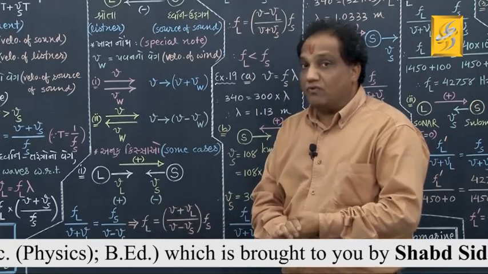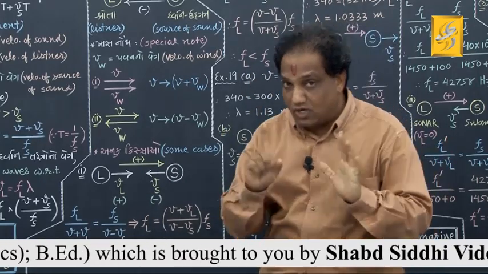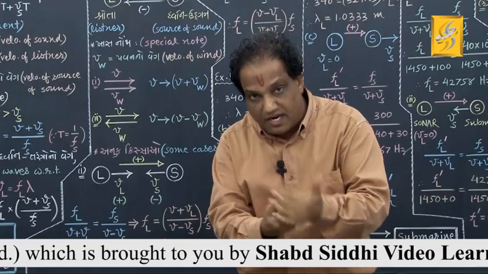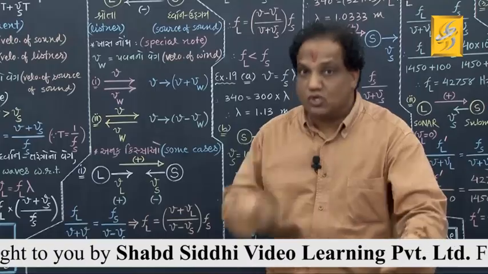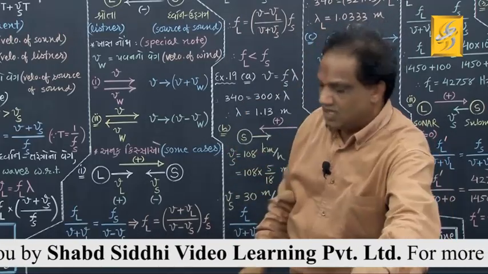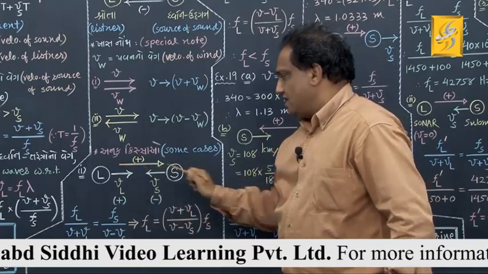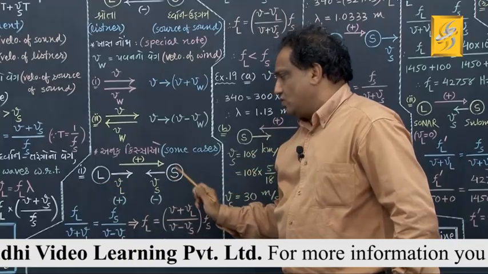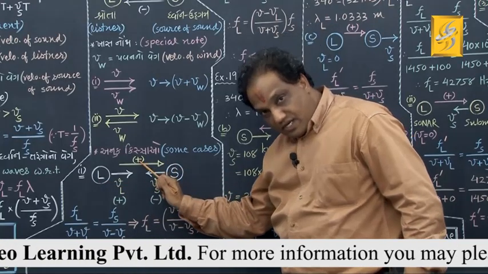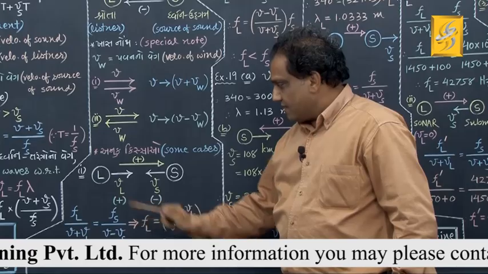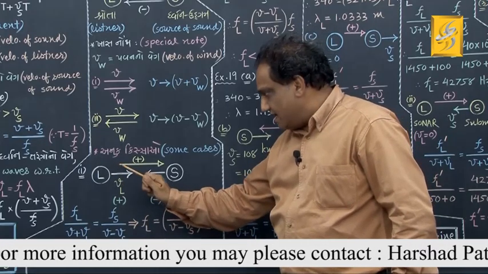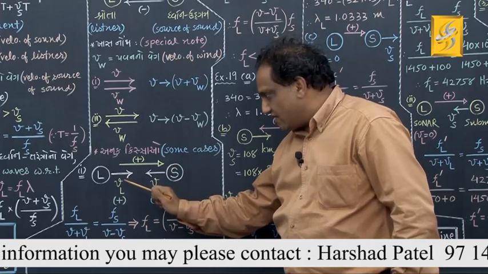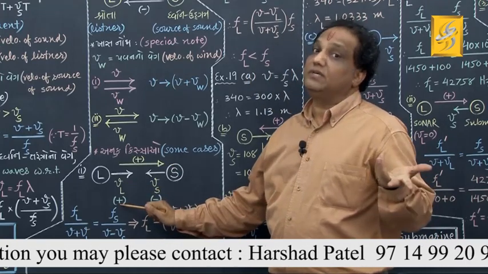Now what was the sign convention? I told you, velocity in a direction from listener to source should be taken positive. Now tell me, this velocity of listener is in the same direction, so I should take VL as positive.